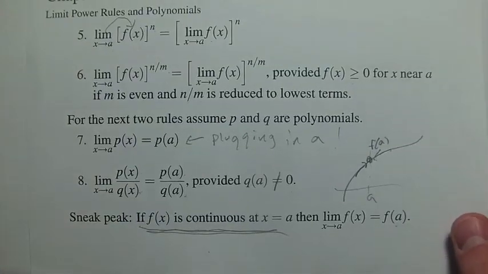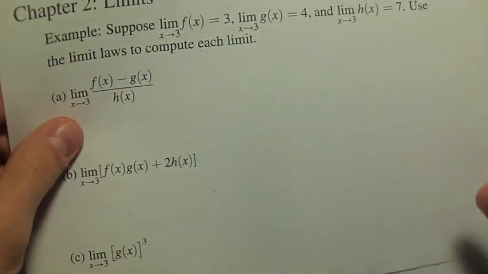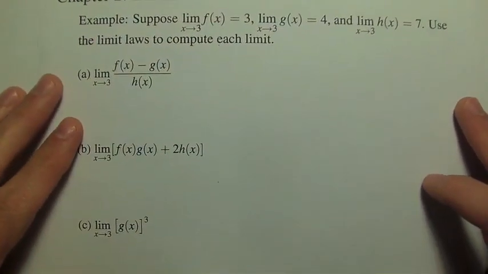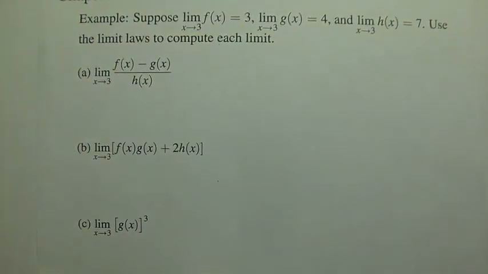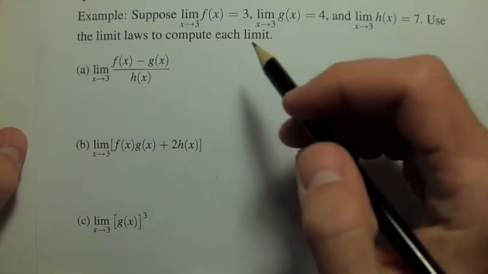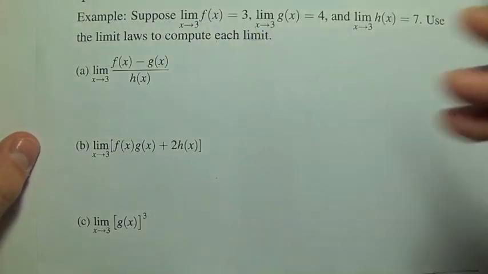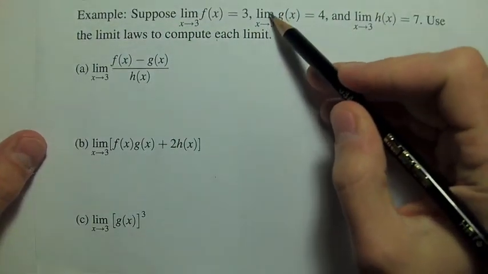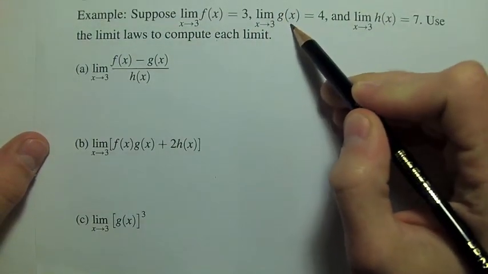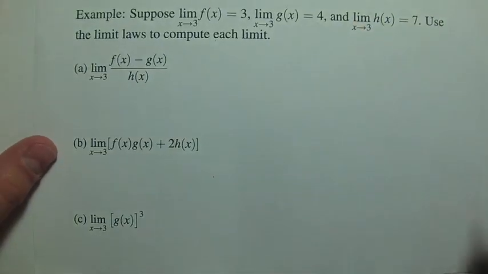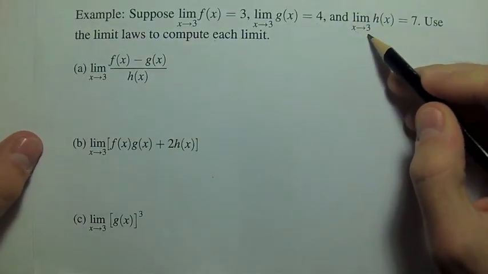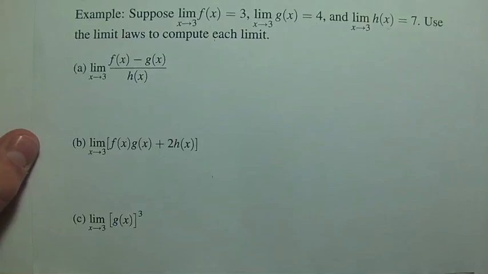Let's look at some examples of how we work with these. For this example, suppose that the limit as x goes to 3 of f of x is equal to 3. The limit as x goes to 3 of g of x is equal to 4. And the limit as x goes to 3 of h of x is equal to 7.